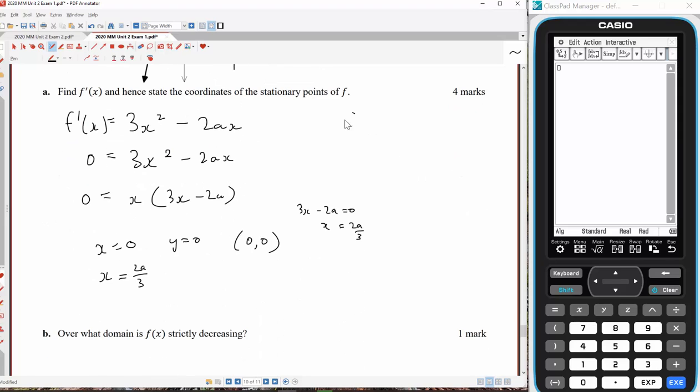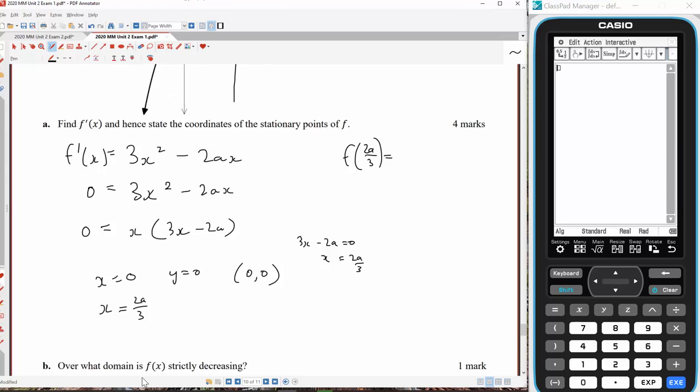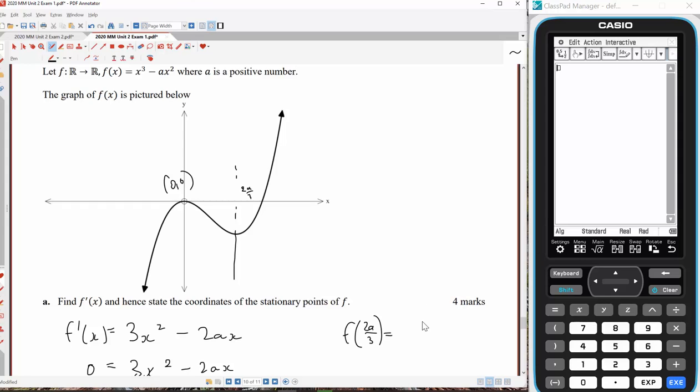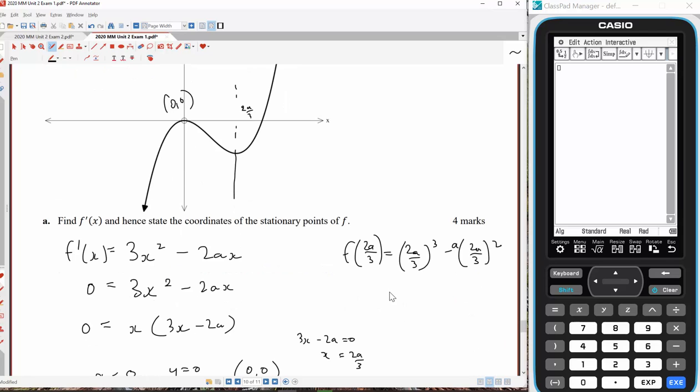To find out the y value, we're going to do f of 2a on 3. So we need to pop that into the original function. That's going to be 2a on 3 all cubed, take away a lots of 2a on 3 squared. Okay, 8a cubed over 27 take away 4a squared on 9 multiplied by a is 4a cubed on 9.